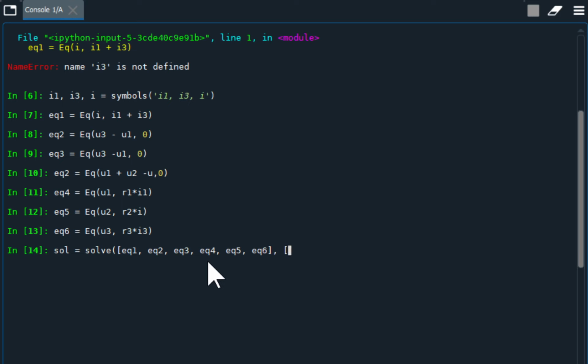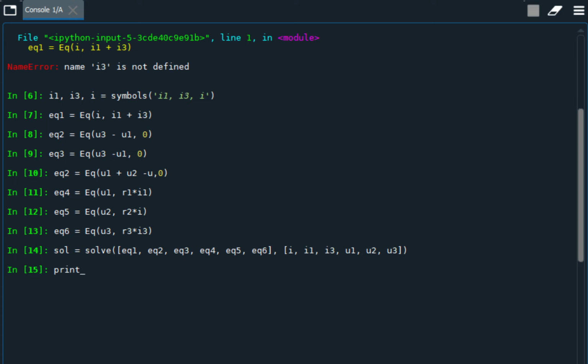And the unknowns here are currents and these voltages across each component. Solution took about 1 second, and then basically you can print that one in your favorite format.